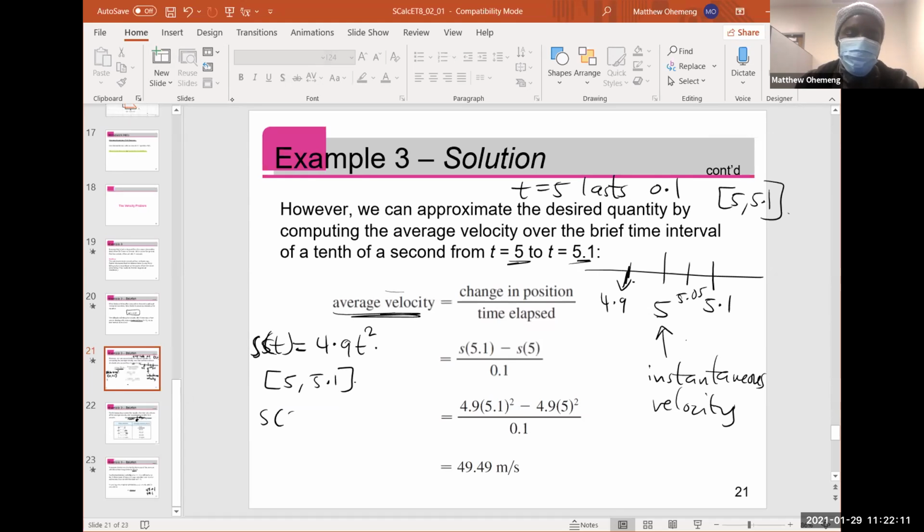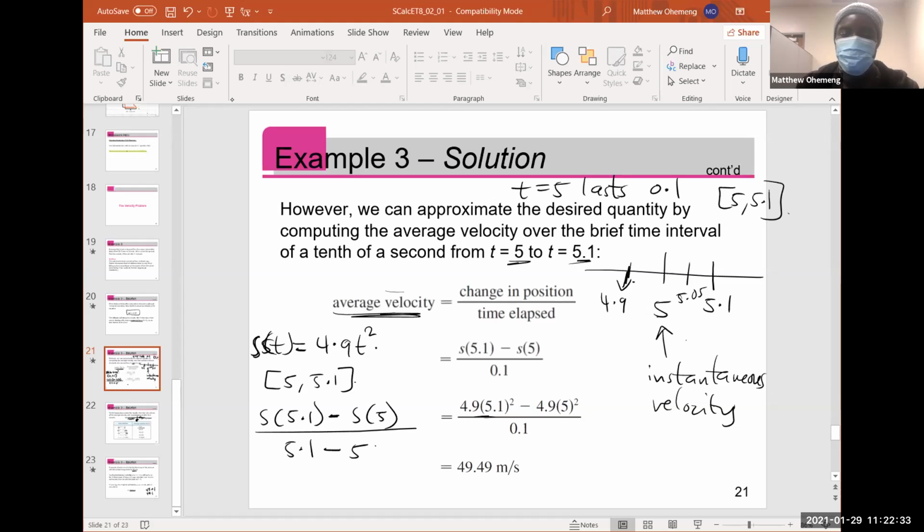Change in position will be the position at 5.1 minus the position at 5, all over the time elapsed. So the time elapsed is 5.1 minus 5, right? And then what is S of 5.1? Because we know S of t is 4.9 t squared, S of 5.1 is just 4.9 times 5.1 squared.